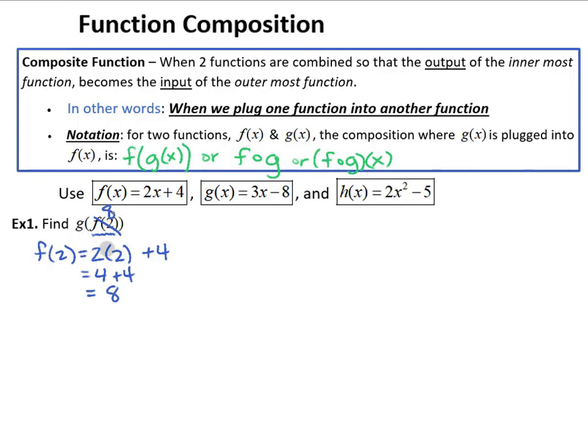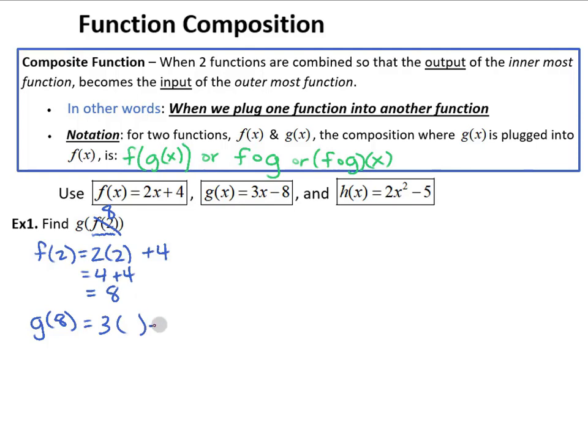And to finish answering our question, the output of this function, function f, is what we're going to plug in to function g. So that's kind of where our confusing definition comes in up there. So we're just going to take our answer of 8 and plug it into the outermost function g. So we need to find g of 8. So function g is here.